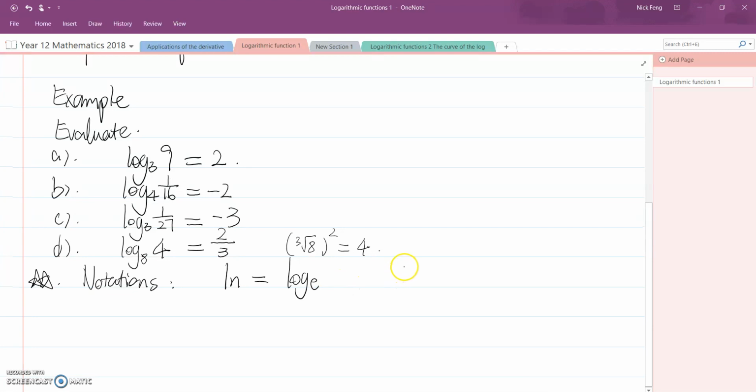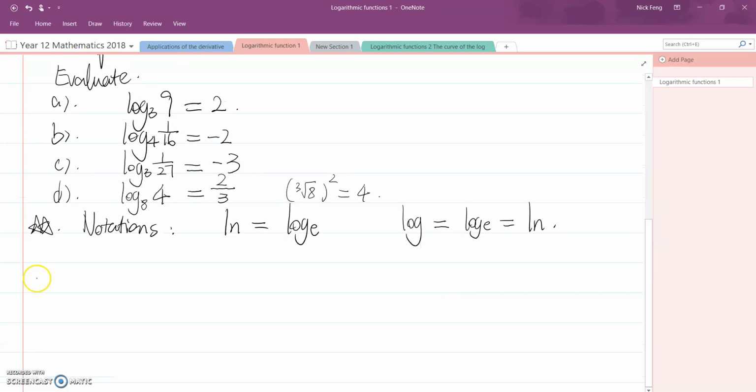In the Cambridge book only, if you see this log, that means log base e, which also means ln on your calculator. The one on your calculator that says log is not the same as what we have here. It has the base of 10. And ln is exactly what you need to use for most occasions.